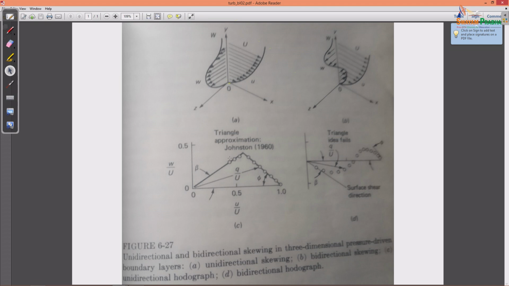The triangle approximation, so W by U, right. Here it seems to work, but here the triangle idea actually fails, somewhere here. Okay. So, now I am going to stop here.